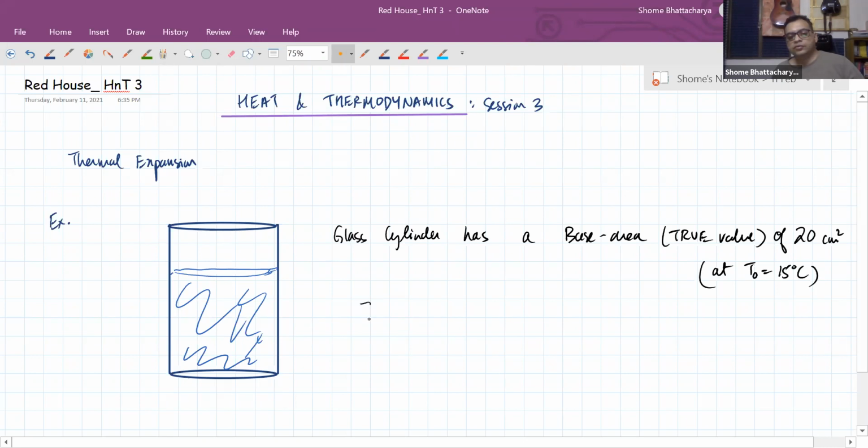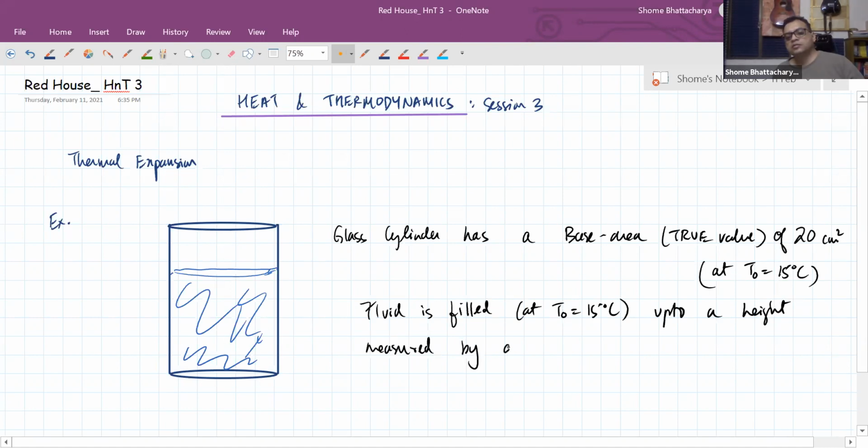Now, fluid is filled at a temperature of 15 degrees C up to a height measured by a true scale.